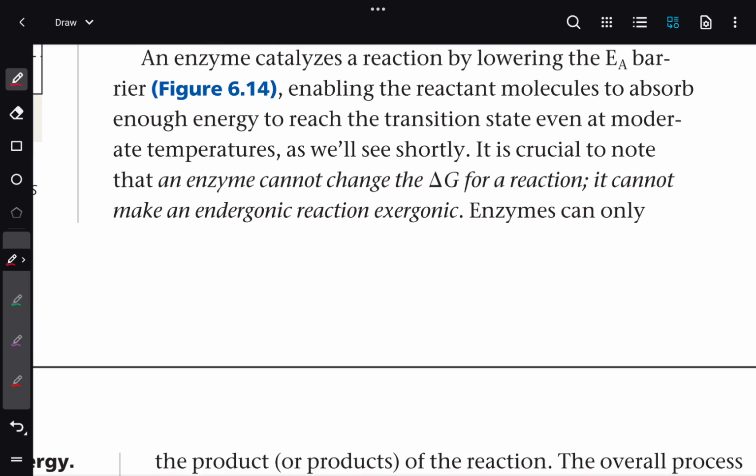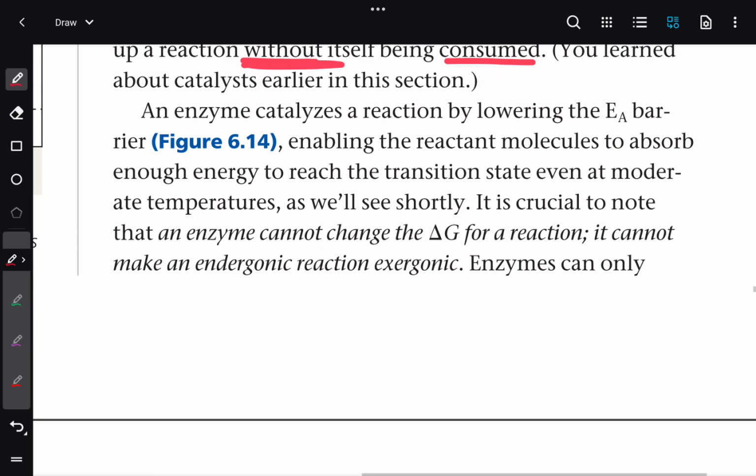Now, an enzyme catalyzes a reaction by lowering the energy barrier, the hump. Instead of this, it becomes this, enabling the reactant molecules to absorb enough energy to reach the transition state, even at moderate temperatures, as we'll see shortly.